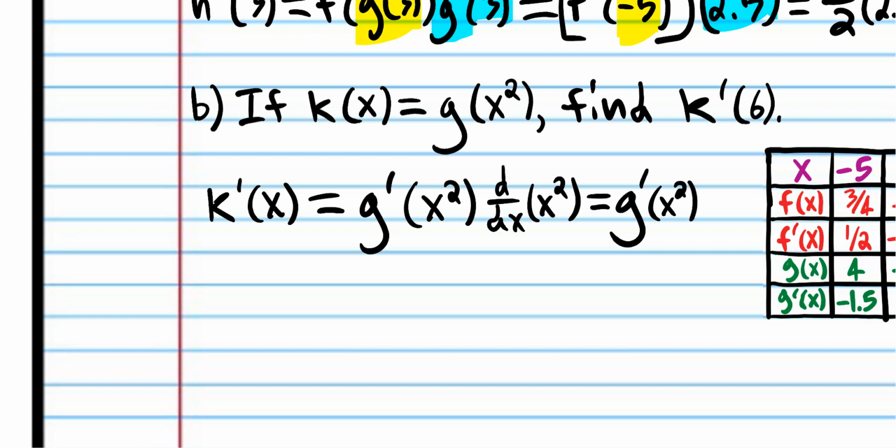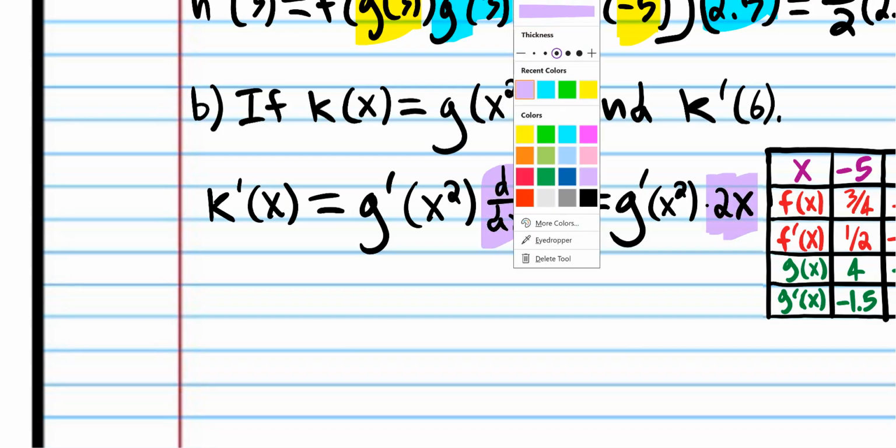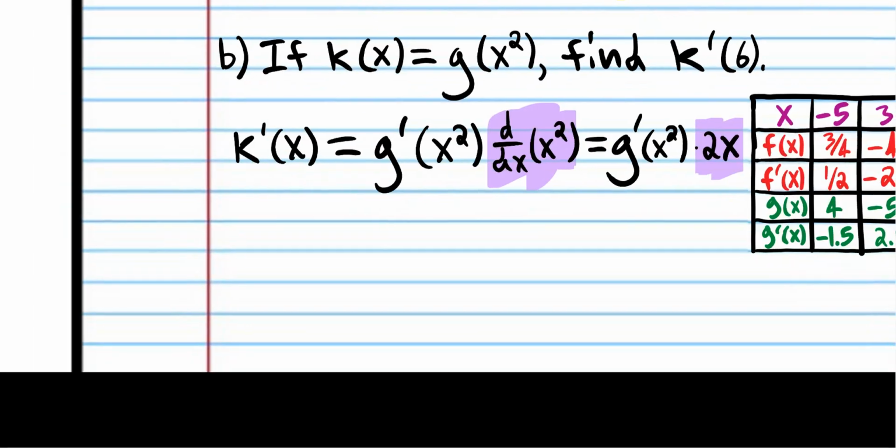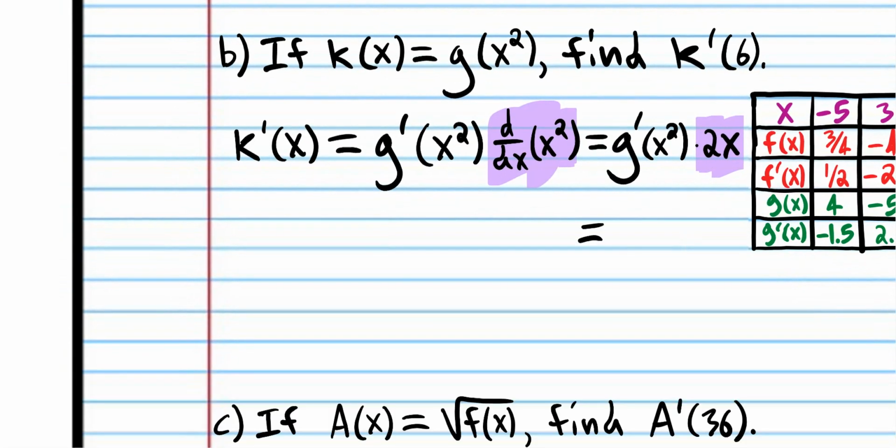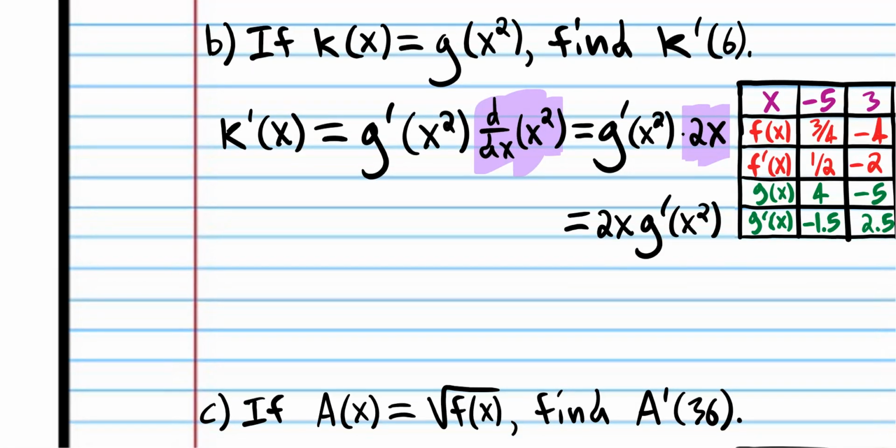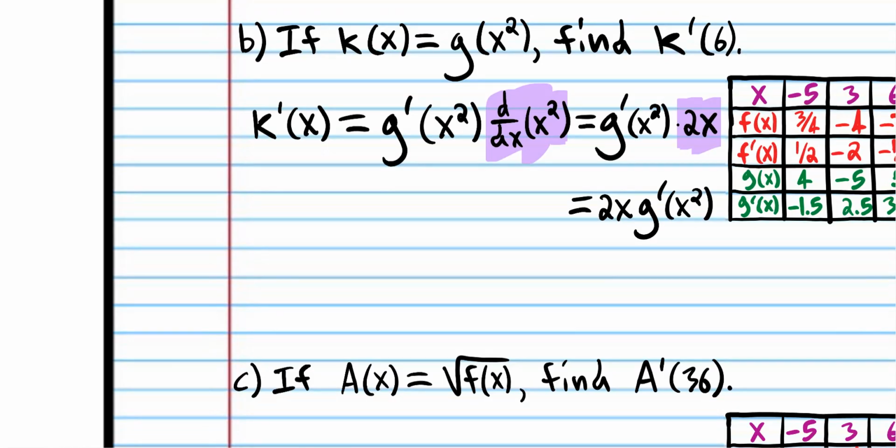So the derivative of the inside function is 2x. All that stuff there became 2x. And just to reduce any confusion, probably best to write 2x first. Although you don't really have to do that.